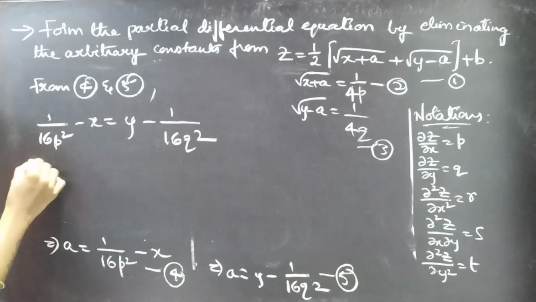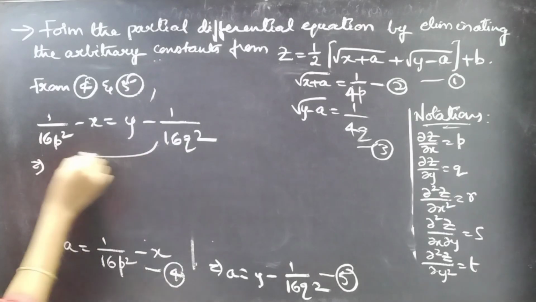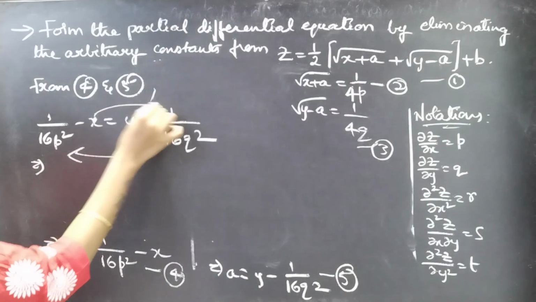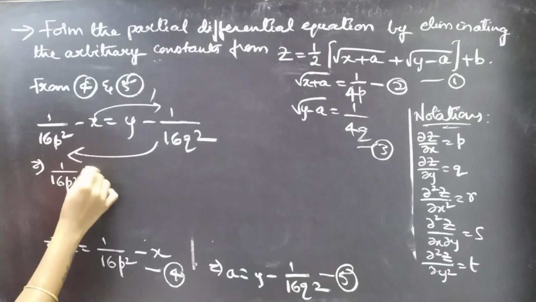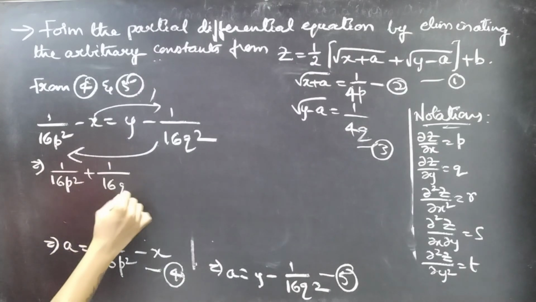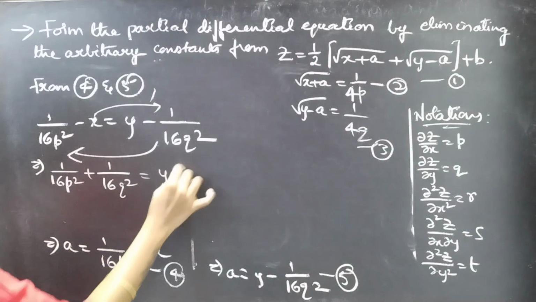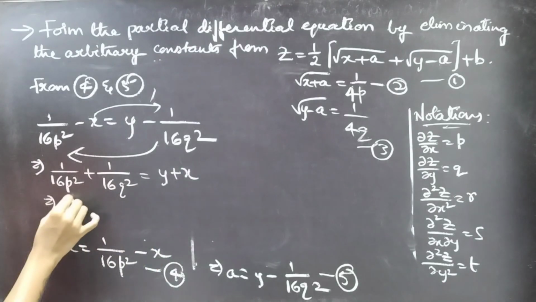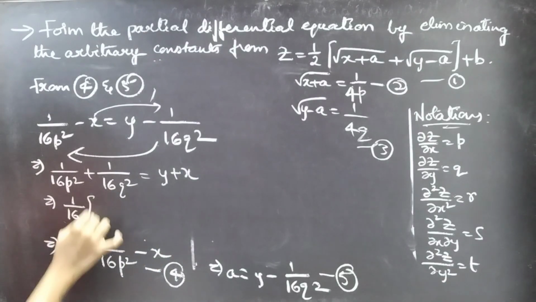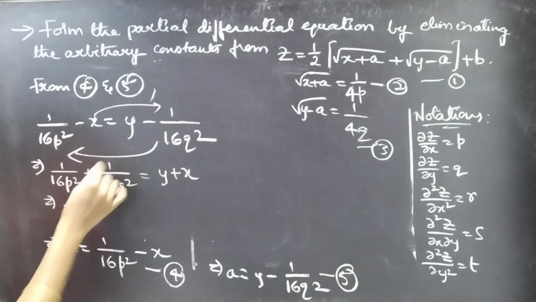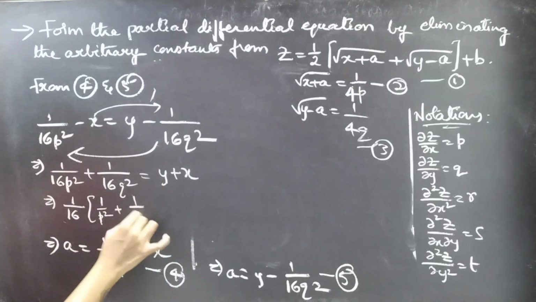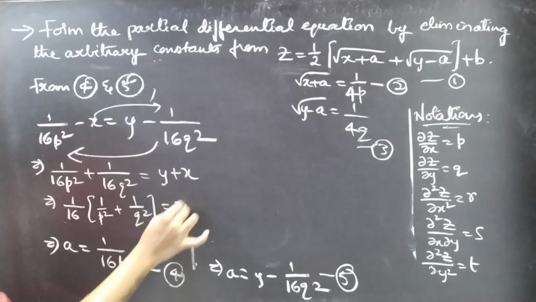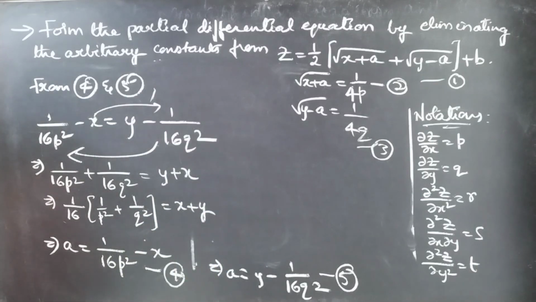Just simplify it. Bring this term to LHS and take this x to RHS. You'll get 1 by 16 p square plus 1 by 16 q square equal to y plus x, or we can write this as 1 by 16 into, just take 1 by 16 common from these two terms, you'll get 1 by 16 times 1 by p square plus 1 by q square equal to x plus y.